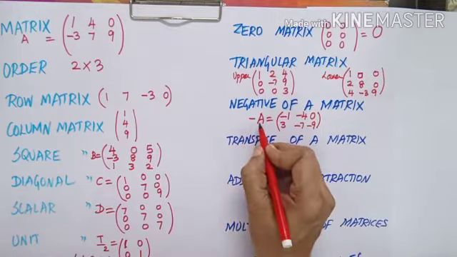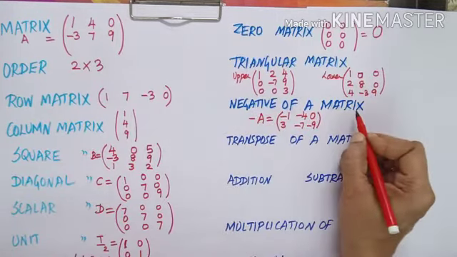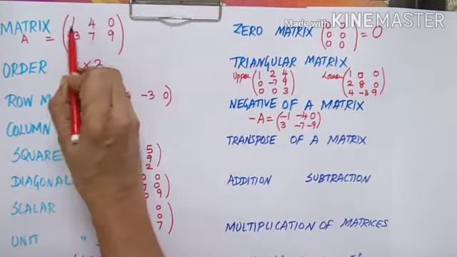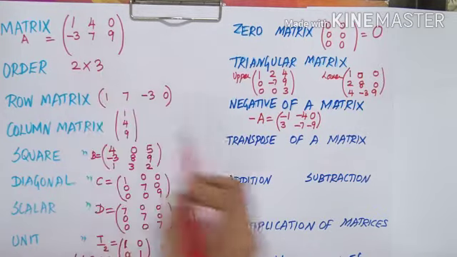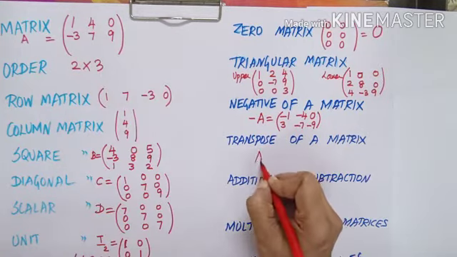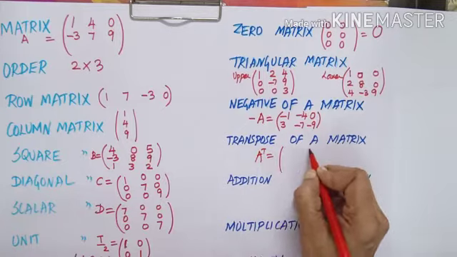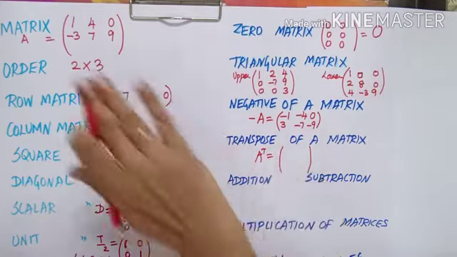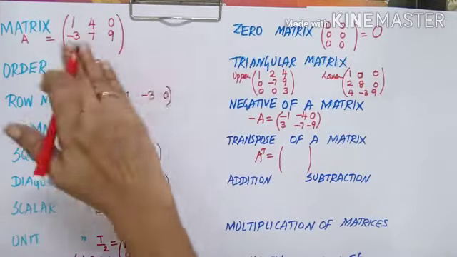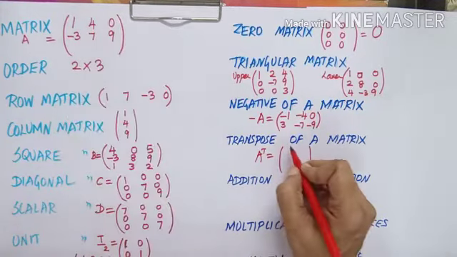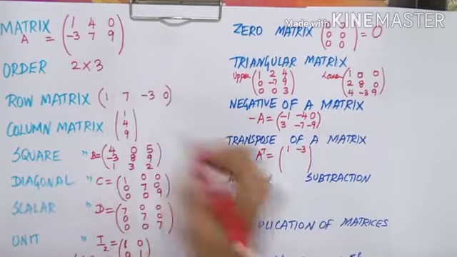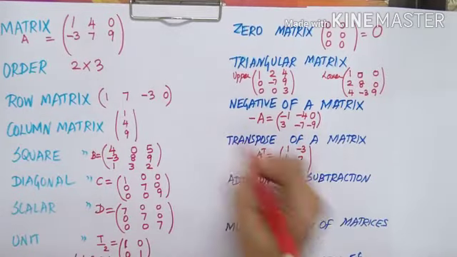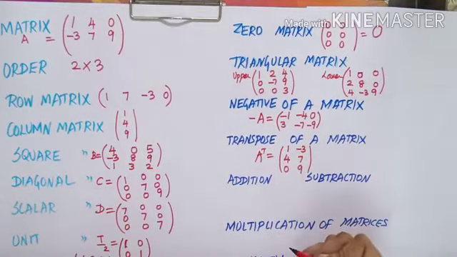So minus A, negative of a matrix, change the symbol of every element of A. Transpose of a matrix, we denote it as AT. Transpose tells me rows and columns interchange. So I will write 1 minus 3, 4, 7, 0, 9.